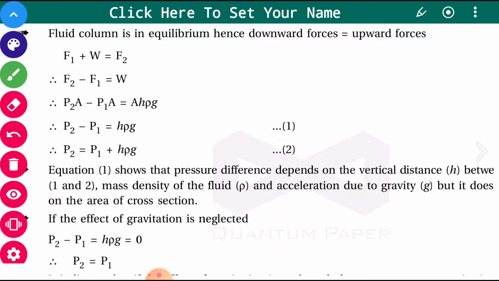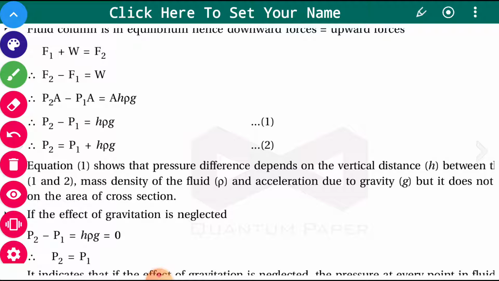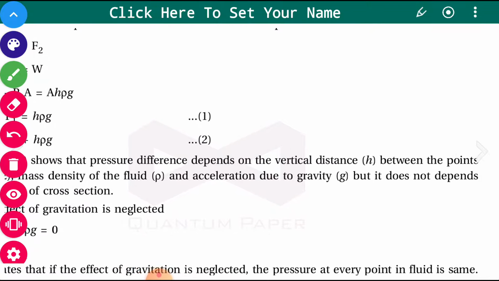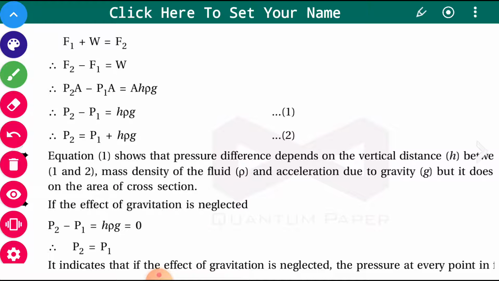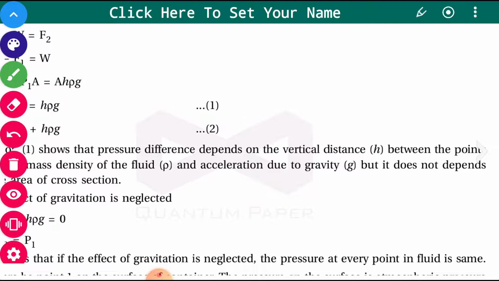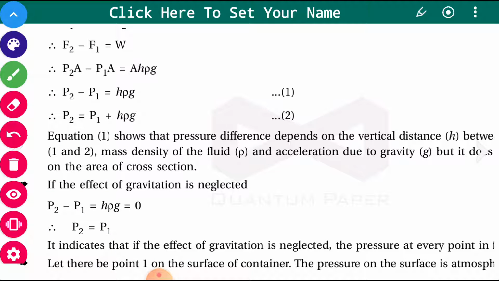Now equation 1 shows that the pressure difference depends on the vertical distance h between points 1 and 2, the mass density of fluid rho, and the acceleration due to gravity g, but it does not depend on the area of cross section.